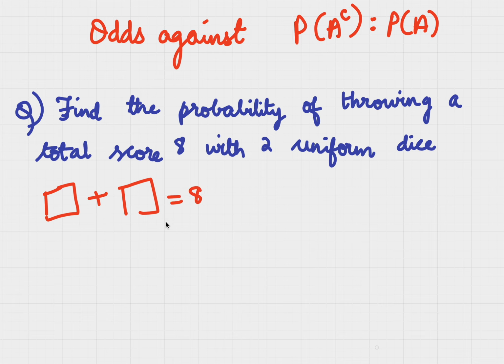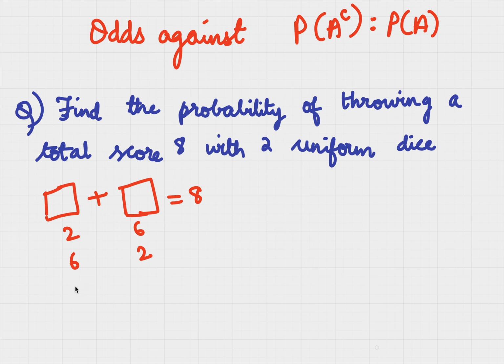We have to know what are the possibilities of getting a score 8 and what are the total number of possibilities. For getting score 8, I can get 2 on this die and 6 on this die. 2 plus 6 is 8. I can similarly get 6 and 2. 6 on this die and 2 on this die.